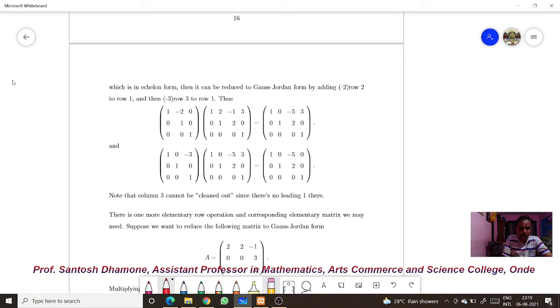Then 1 -2 0 0 1 0 0 0 1 into matrix A, 1 2 -1 3 0 1 2 0 0 0 0 1. After multiplying this, first row, first column, we get 1. Okay, this is 1 plus 0 plus 0, that is 1.